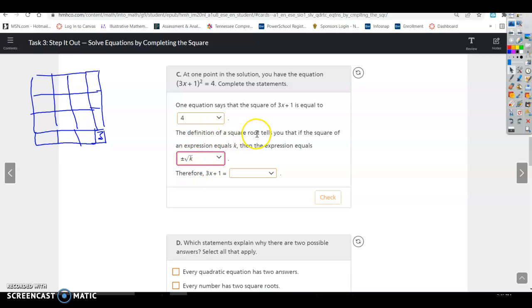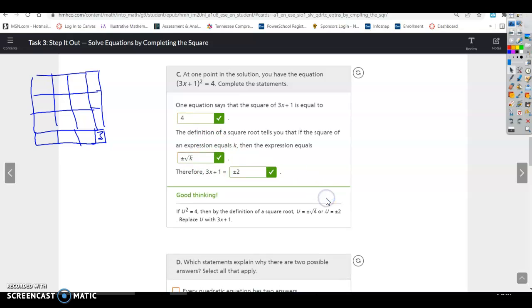All right, that's your definition of square root. Remember, we've got to have the plus or minus square root there. Therefore, 3x plus 1 equals plus or minus 2, because the square root of 4 is plus or minus 2.